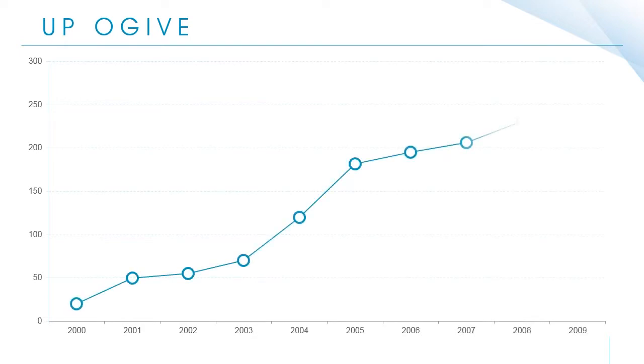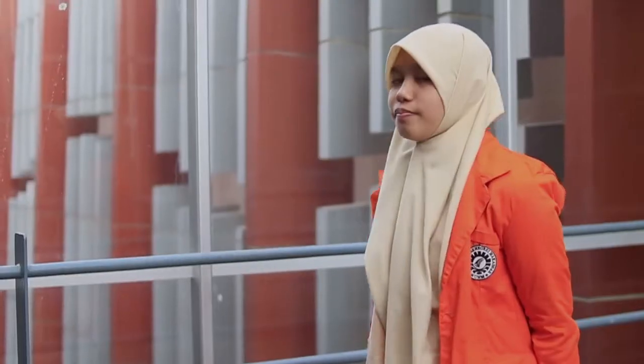So the kinds of ogive. The first, up ogive, and the second, down ogive. The first, up ogive: the graph is based on the cumulative frequency distribution less than, as follows. For up ogive, from those data, you plot the lower x and less than from the cumulative distribution, so the graph increases.